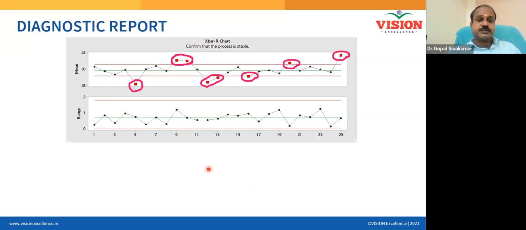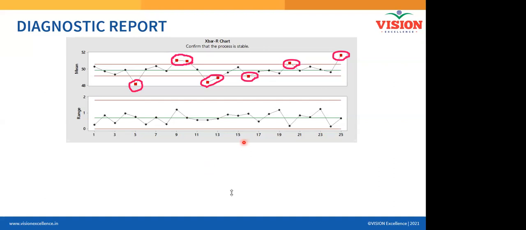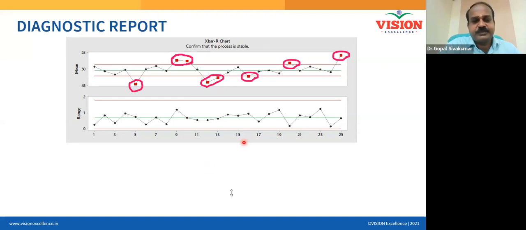On the other hand, if all the points are inside the control limit, it doesn't always mean that your process is under control. See, there are 25 participants inside the meeting. Are all of them really paying attention to me? I have a doubt, isn't it? Some people are attending 2-3 training programs at a time. They keep 3 laptops.